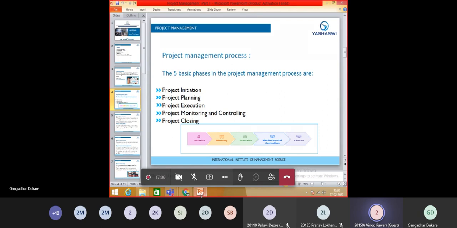The initial studies convert to the next step, which is project planning. It is a roadmap of how to start our project and what the output of the project will be. So before starting any project, project planning is necessary. Okay, that's it.